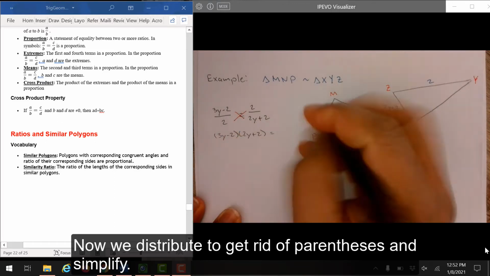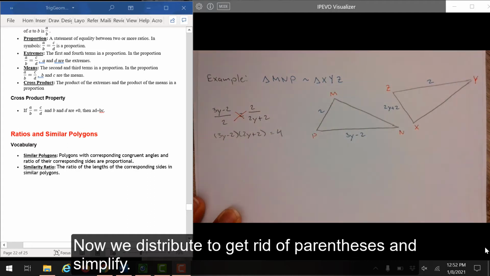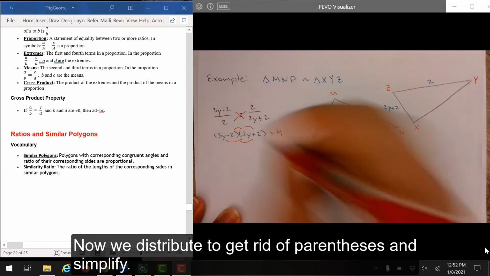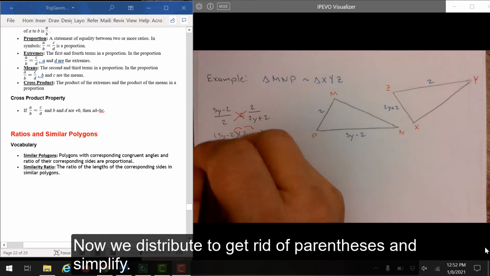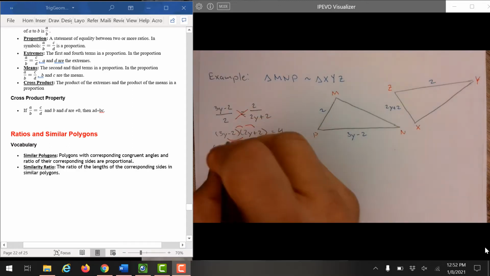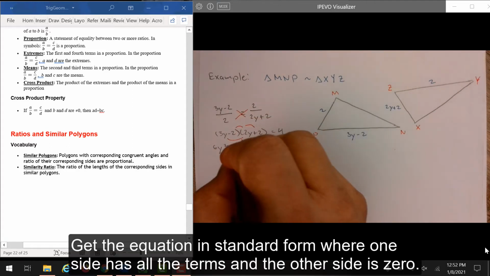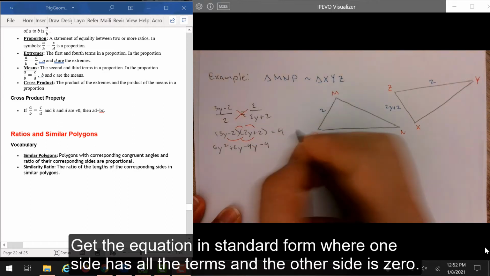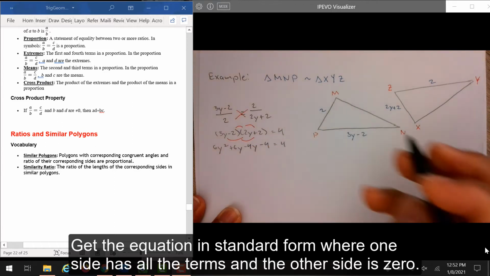Now we distribute to get rid of parentheses and simplify. Get the equation in standard form, where one side has all the terms and the other side has 0.